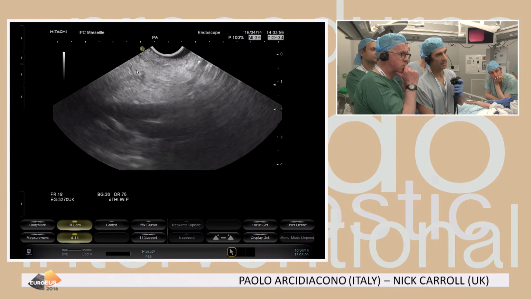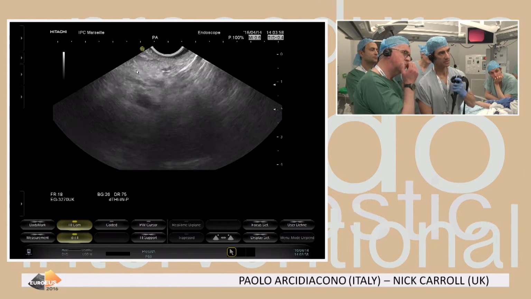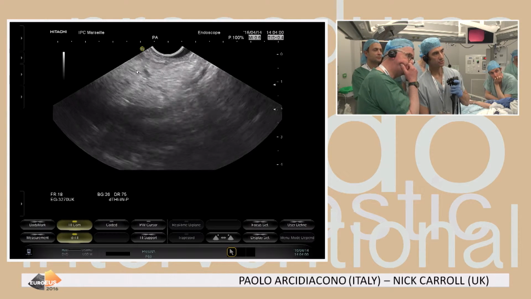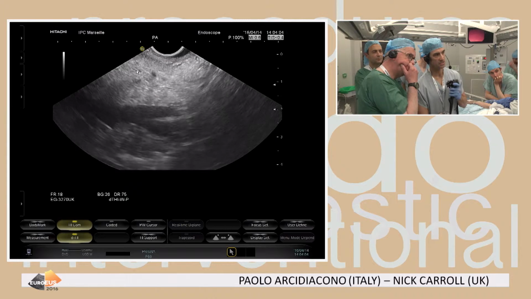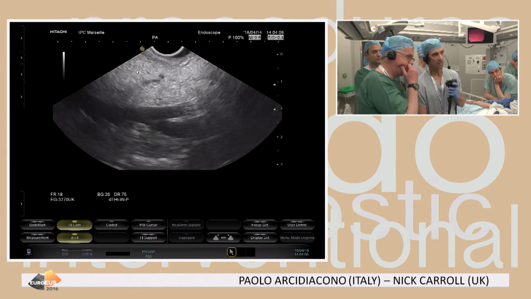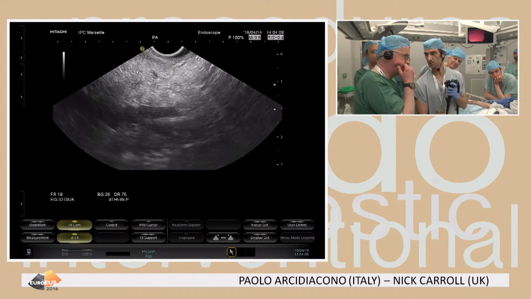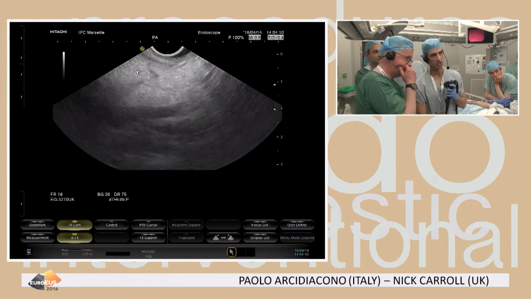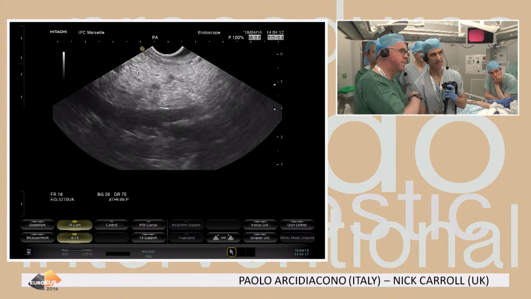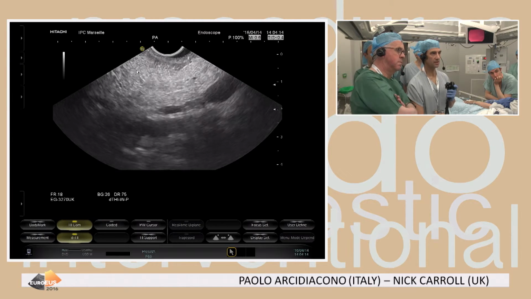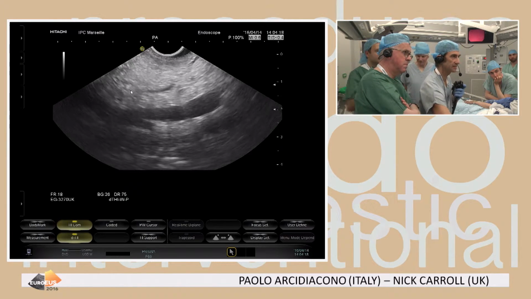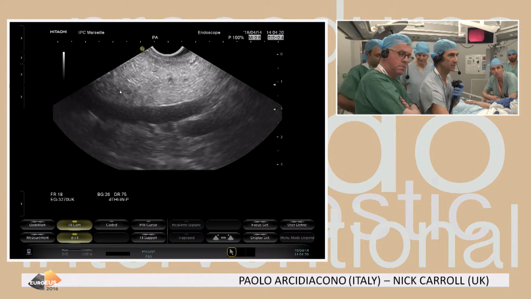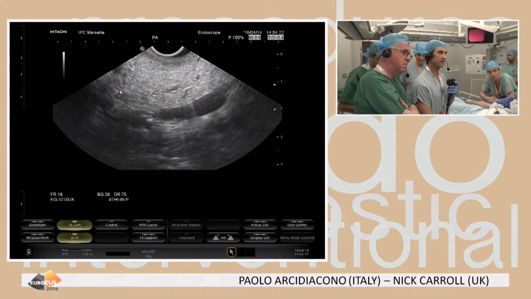So I can go back, and it's important to say that if you want to go back, particularly with this instrument, which is very floppy, you should always go back with the instrument in the straight position. So looking at the vessel, then you can turn your instrument again, and you can follow clearly the dorsal duct going towards the neck of the pancreas.